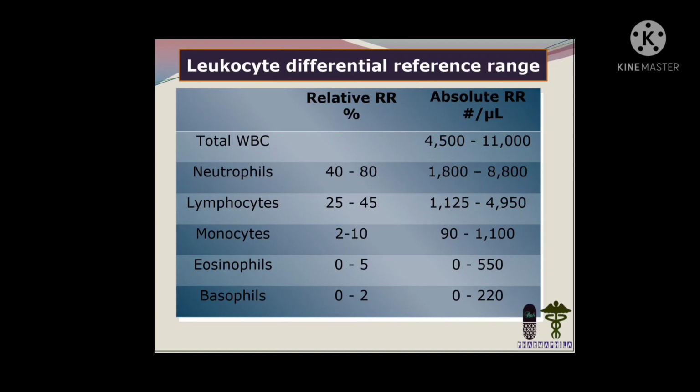The most common WBC subtype is the neutrophil, and secondary to the neutrophils are lymphocytes, and the least common WBC subtype found in our body is the basophil.